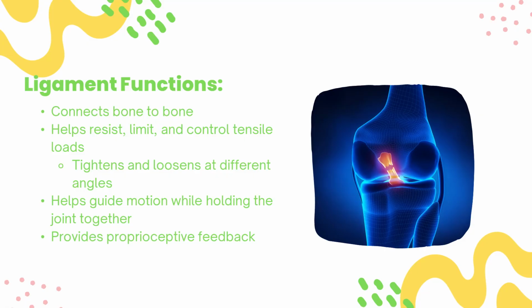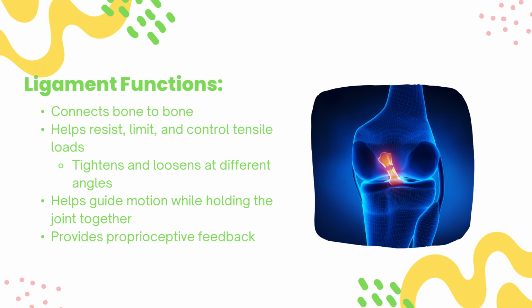So with the resistance, the limitation, and the control of these tensile loads and the ligament's ability to either tighten up or loosen up to allow for some motion, ligaments also do guide some motion. If you think of that screw home mechanism within our knee, the ligaments are going to allow for that rotational aspect at the end range of knee extension, and then that beginning part of knee flexion, to allow for the joint to get more congruent or less congruent depending on what the needs are for those specific motions.